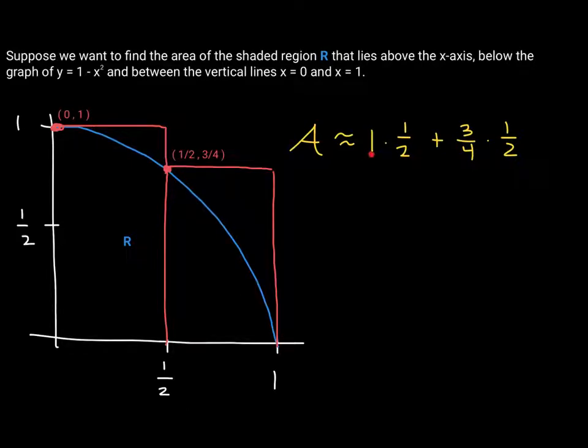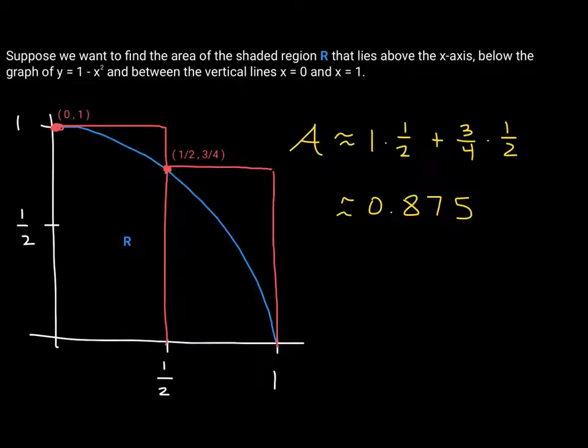This is the height of the first rectangle times its base, or the width if you want, plus the area of the second rectangle: the height of the rectangle, and then the base. All right, so this gives us approximately 0.875. Now we know that this is really more than the area of the region.